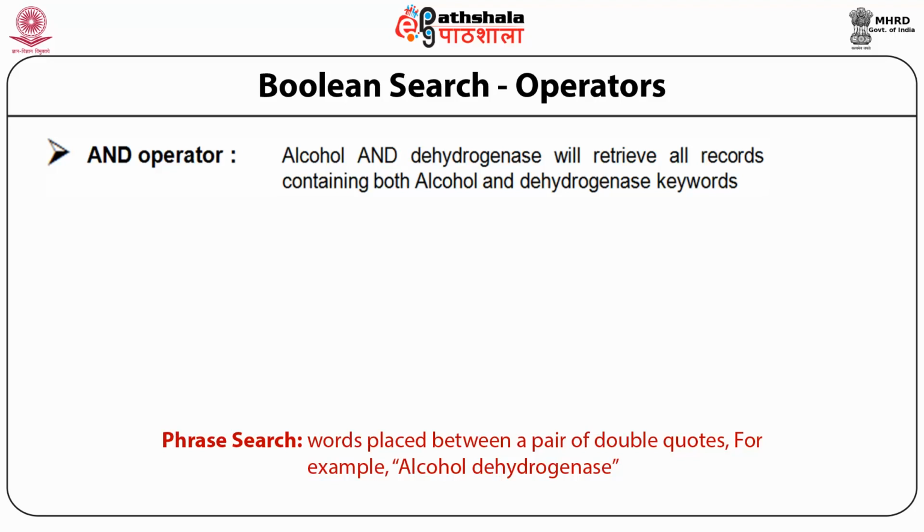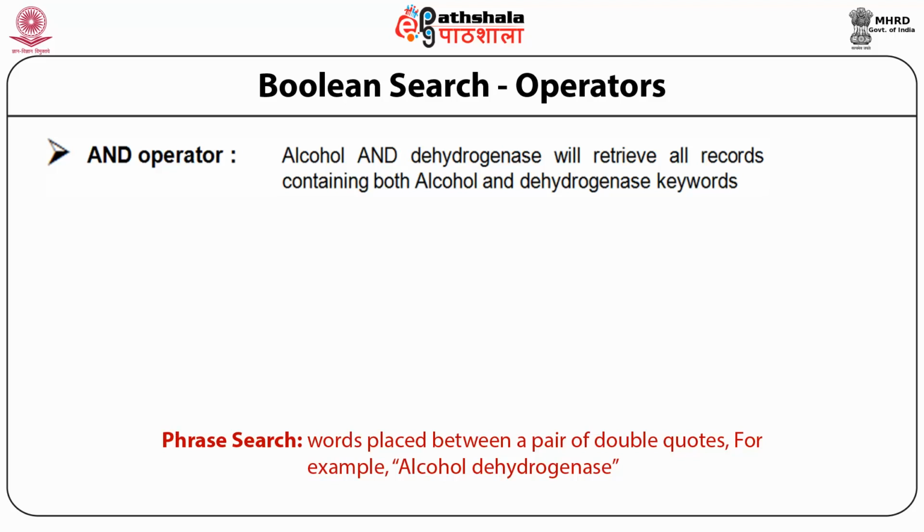For example, entering alcohol dehydrogenase in the search text box of such search systems will be treated as alcohol AND dehydrogenase, and this will retrieve all records containing both alcohol and dehydrogenase keywords.